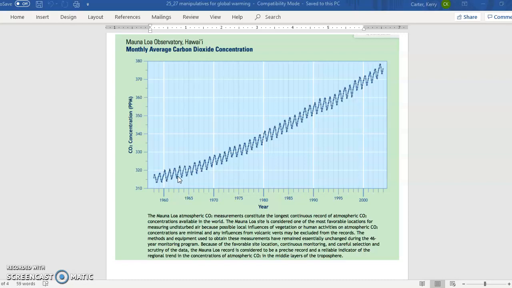So when would there be a lot of plants available to take carbon dioxide out of the atmosphere, and when would there be less plants and vegetation? And of course, that answer would be during the summertime.